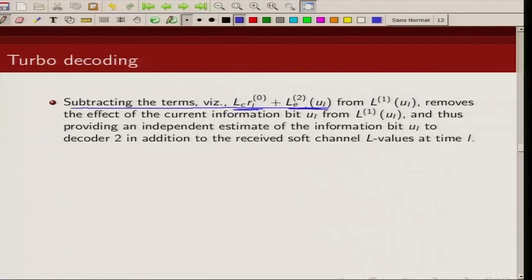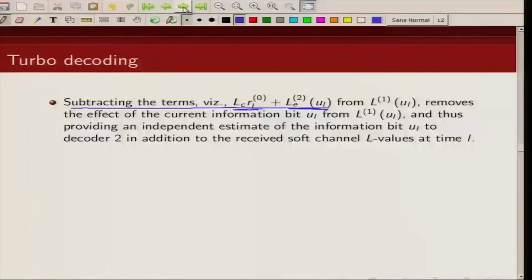So, there is no point feeding the same information back to the same decoder, and the received values are already received by the decoder. So, we are trying to send some independent estimate about what we think the bits are to the other decoder, and that is the whole idea behind this iterative process, that you want to give some sort of independent estimate. If you try to feed the same information back, then it will become a positive feedback system and unstable, and the decoder may not converge. So, that we do not want.